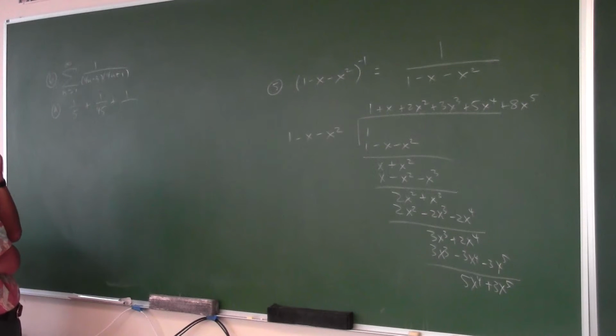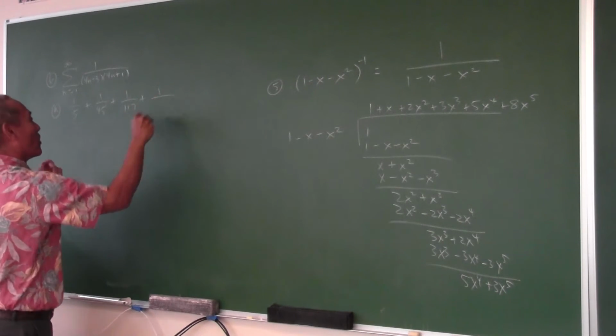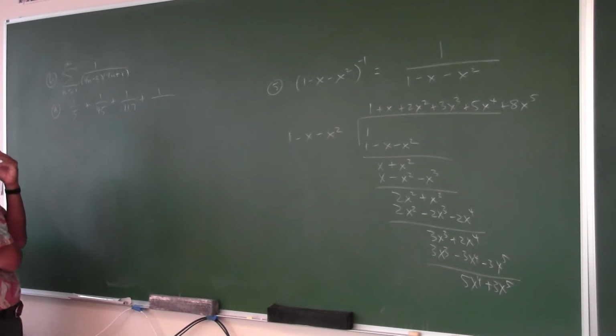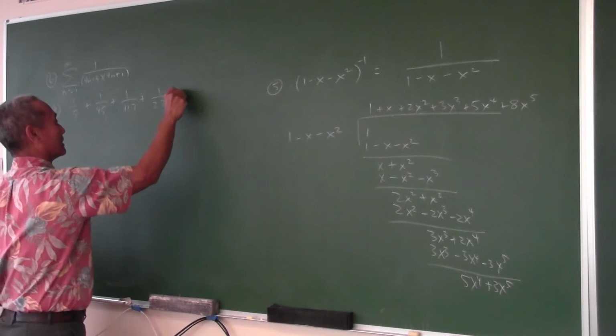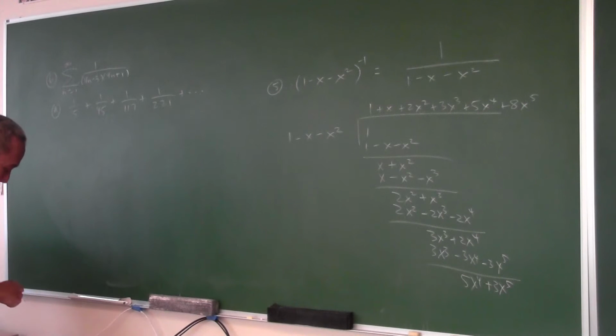Plug in 3. 9 times 13. Whoa, what is that, 117? 1 over, now we're plugging in 4, 13 times 17. Is that 221? Now some of you might like actually labor because you have multiplication issues, yeah?